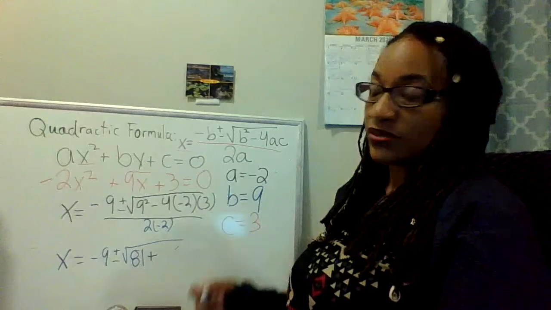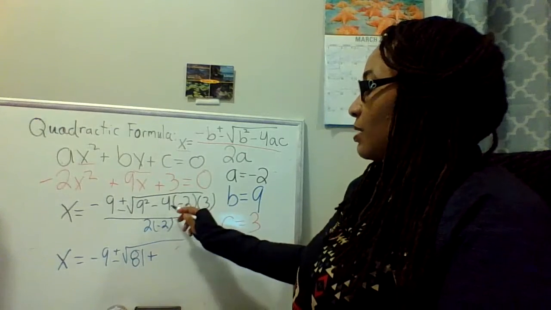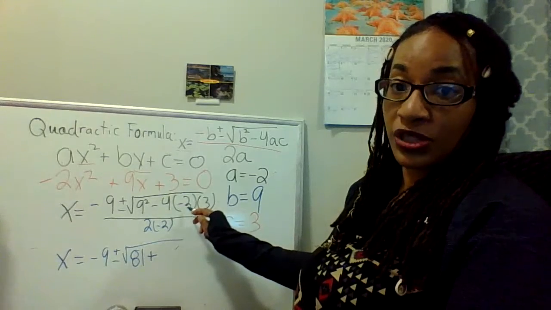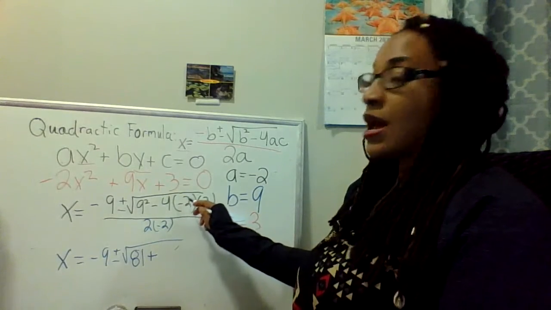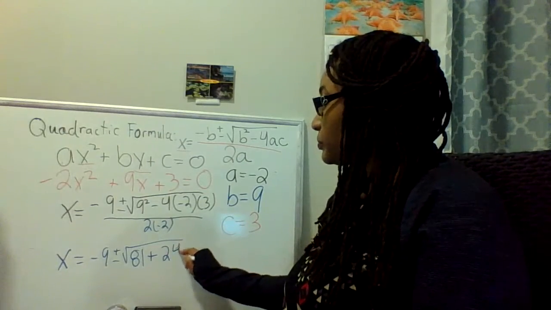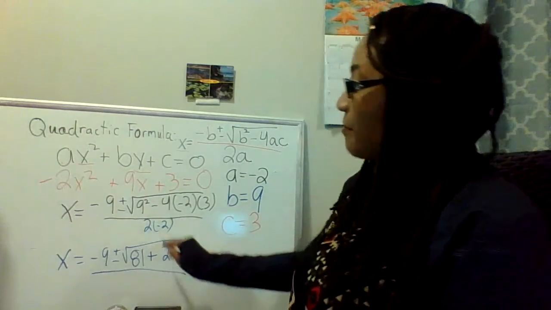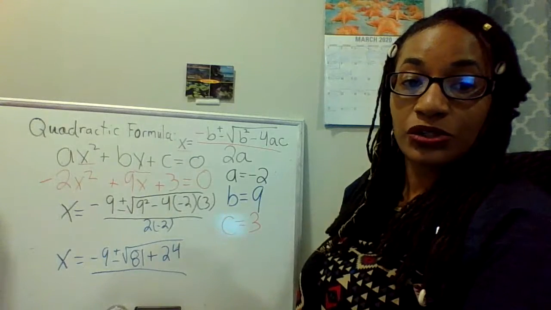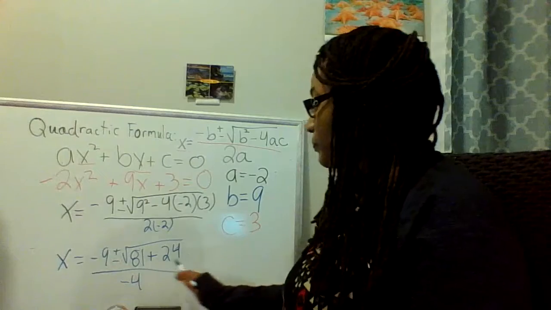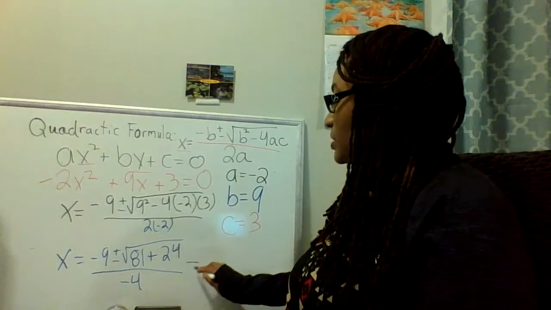So a positive times a positive is a positive. And we get 4 times 2, which is 8. 4 times 2 is 8. And then 8 times 3 is 24. And then we divide that by 2 times minus 2. 2 times minus 2 is going to be minus 4. Okay? And now we simplify it more.